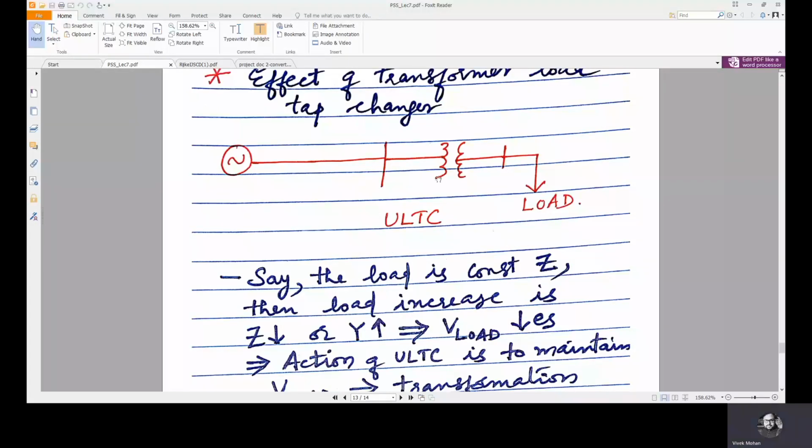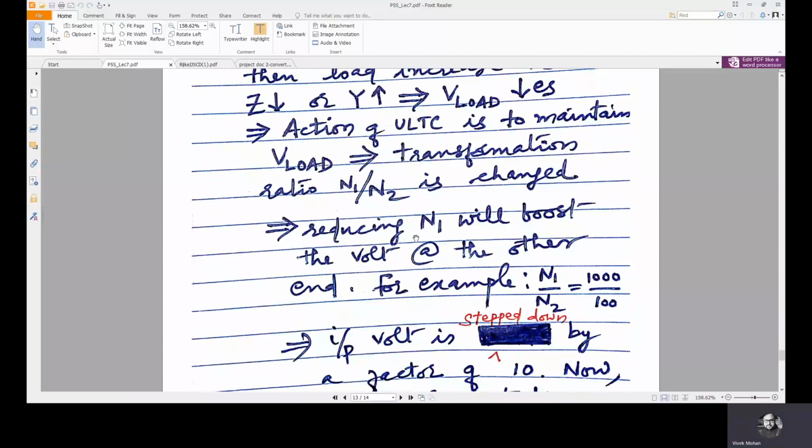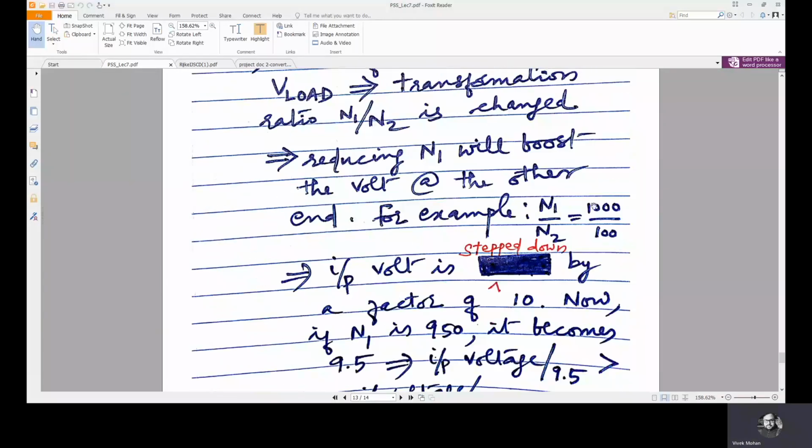Now, if N1 is changed from 1000 to 950, initially N1 is 1000 and now it is changed to 950, then the factor of 10 changes to a factor of 9.5. The input voltage was stepped down by a factor of 10 earlier.